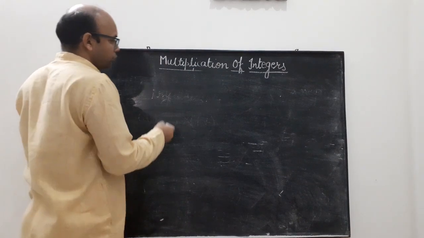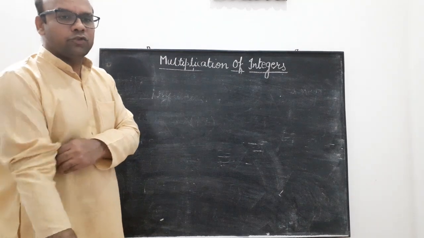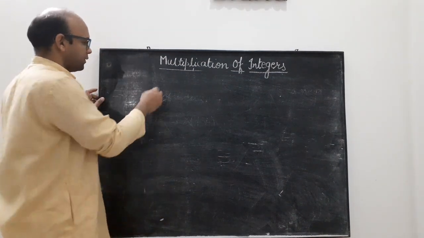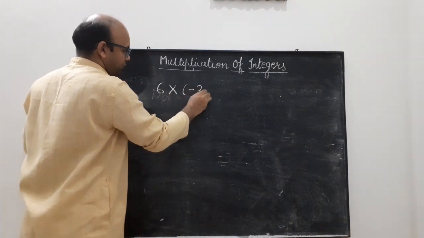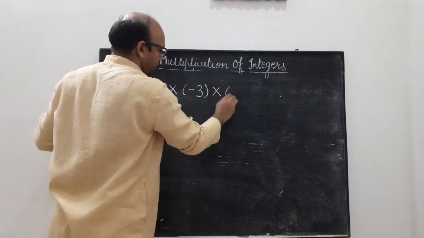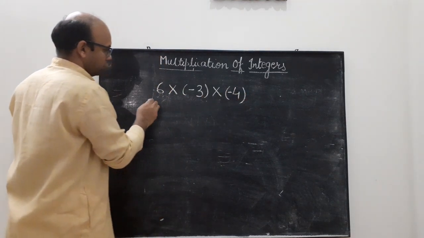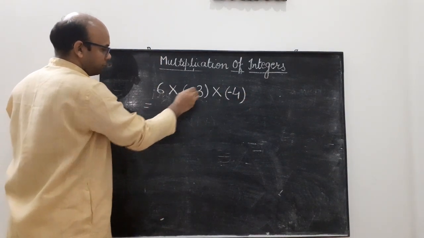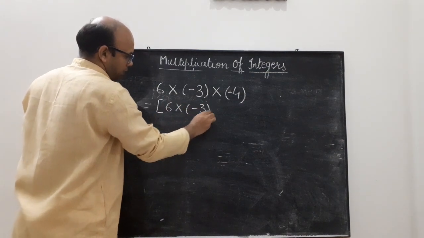Now let's move on to investigate how we will be multiplying more than two integers. If we have more than two integers, we have 6 into minus 3 into, say, minus 4. So what we do is, we first of all pair them out. 6 into minus 3.